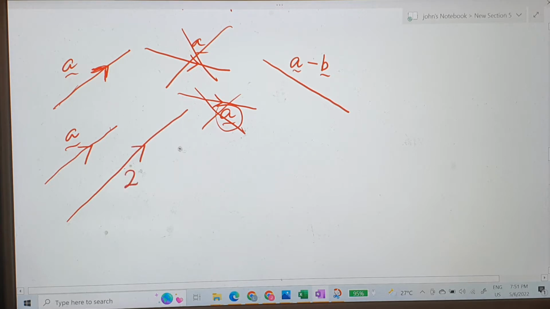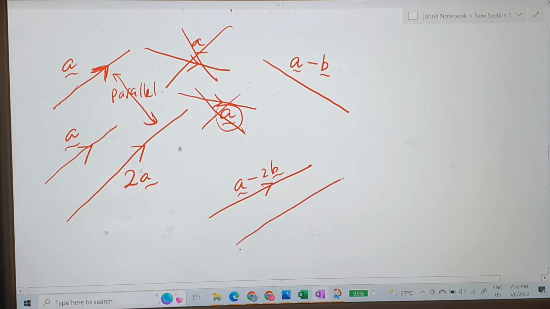That's why if I have another vector, let's say 2a here, then definitely these two vectors are parallel. Let me give you an example. If this vector is a minus 2b, and I multiply this by 2, that means I draw a line in this direction that is twice the length of this, then it will be 2a minus 2b.